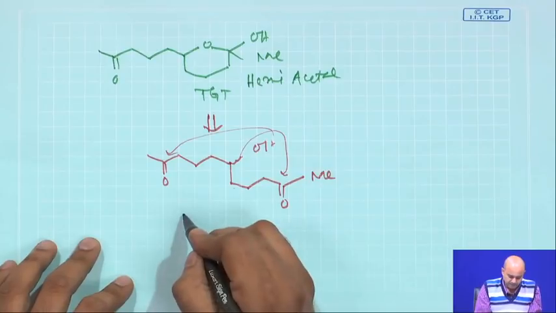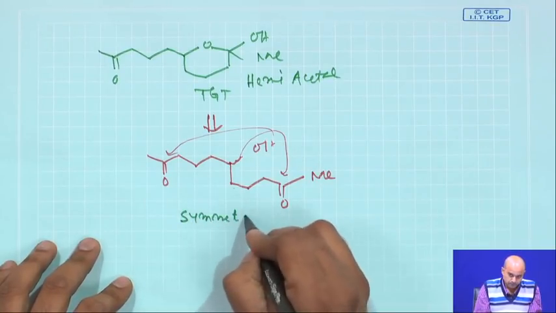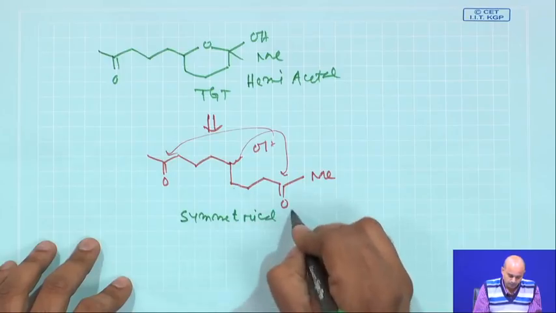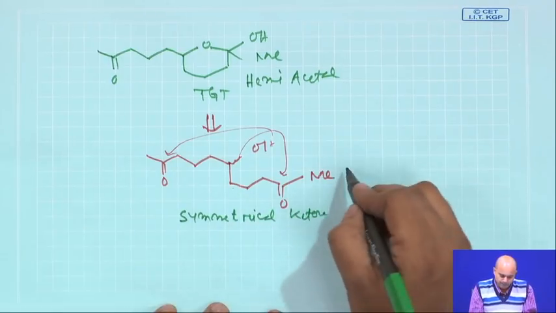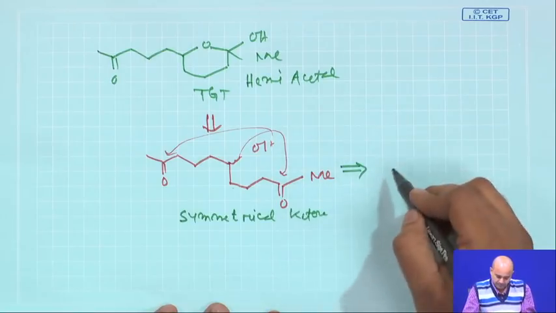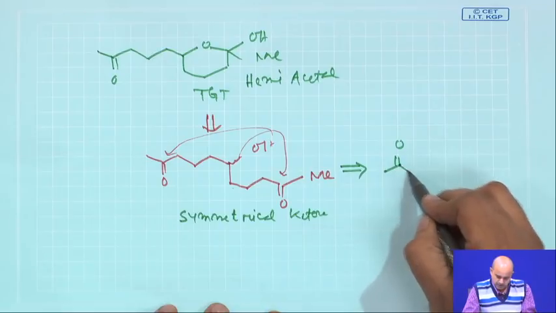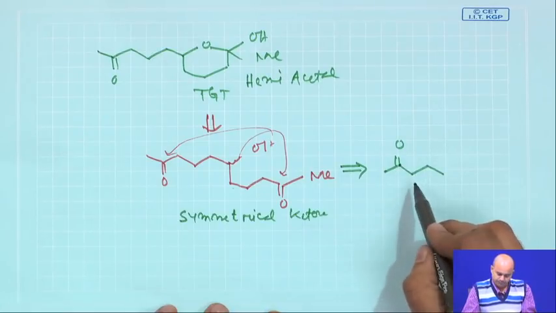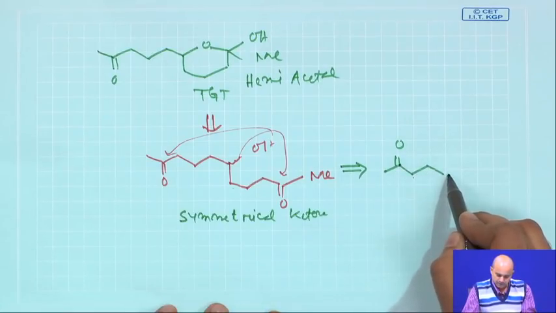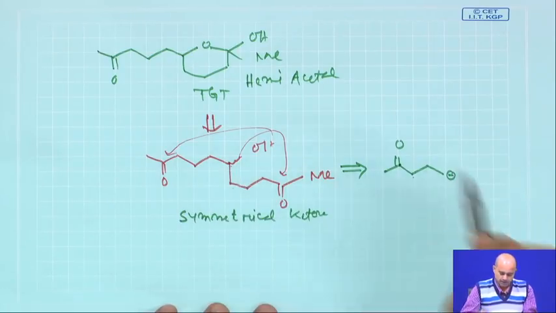So, I said this is a symmetrical ketone. Now, if I need to disconnect this particular compound, we will be using a reagent something like this. We put 1 2 3 because you need a secondary alcohol here.